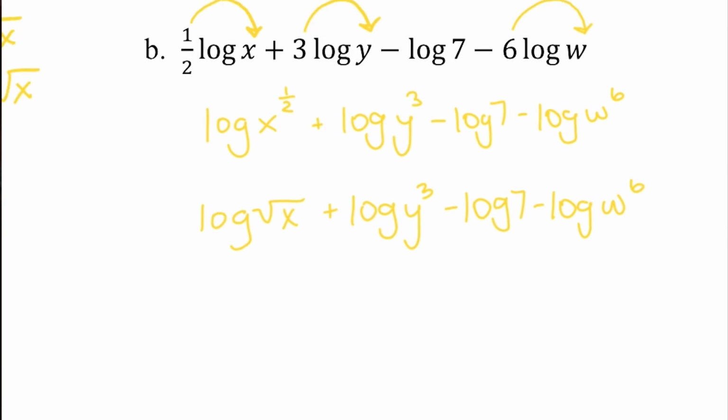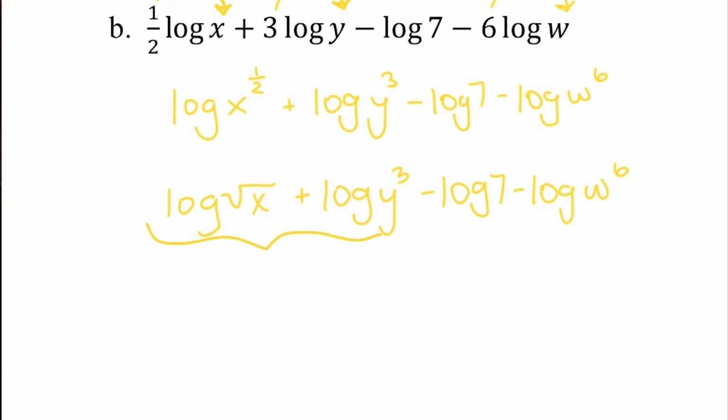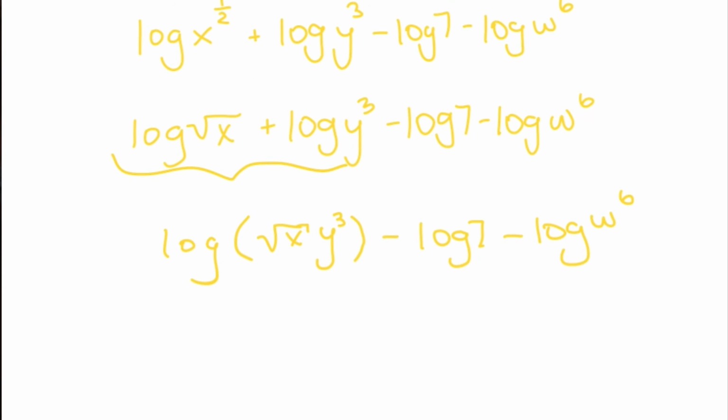Now, these 2 logs are being added together, so I'm going to go ahead and combine those with the product property. We'll have log square root of x times y cubed inside, and we have minus log of 7 minus log w to the 6th. Because both of those logs are being subtracted, it means that they're both going to end up on the bottom, and here's why.